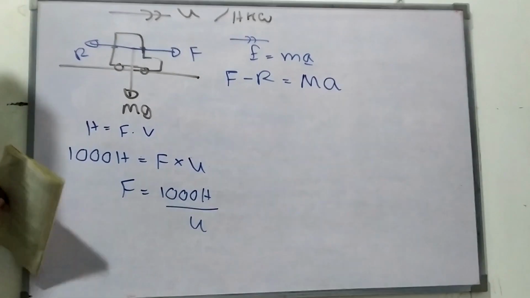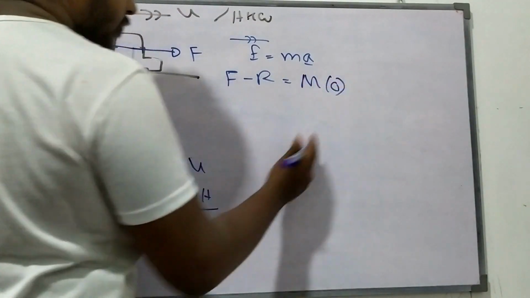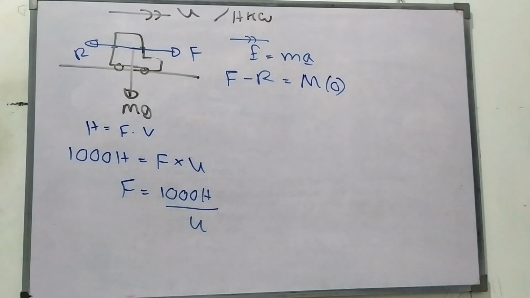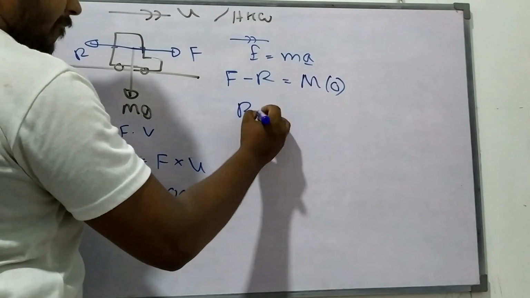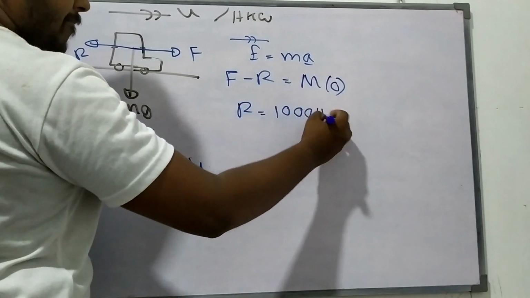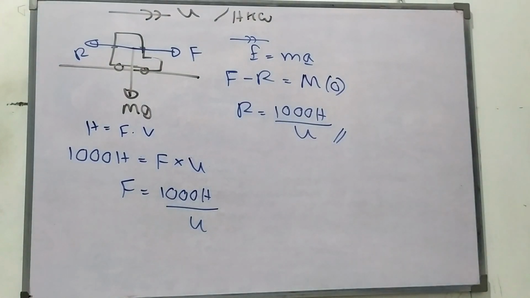Mass is m. Sorry, this is 0. So F is 1000 H over u.